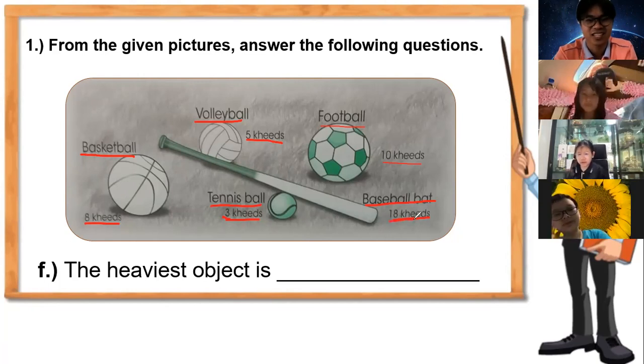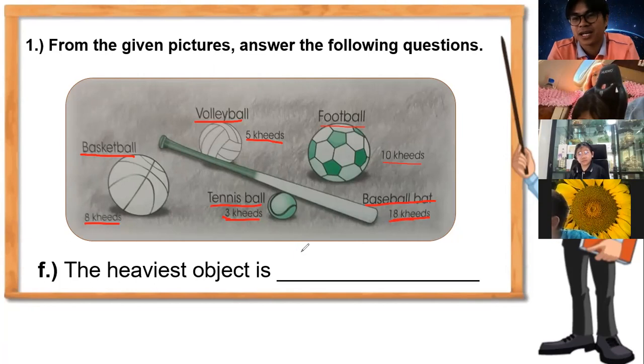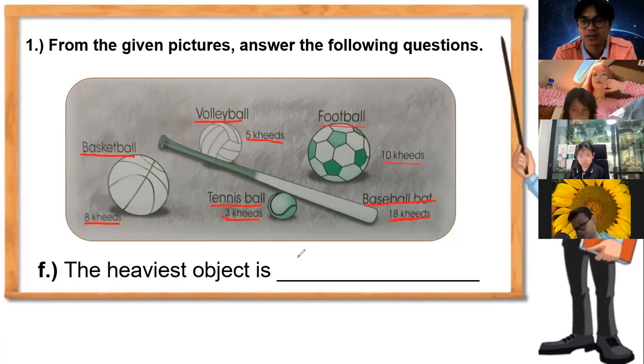So if the question is about object class, your answer should be the name of that object, not the measurement. Take note, you should always read carefully the sentence, the question, and answer correctly based on what is being asked.